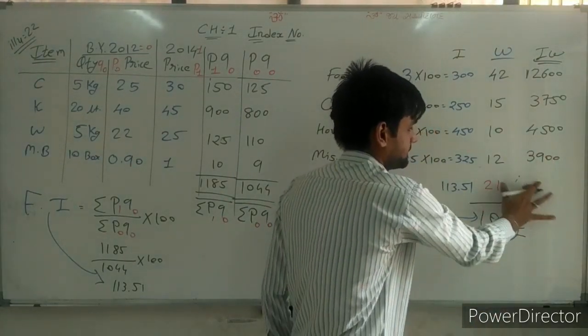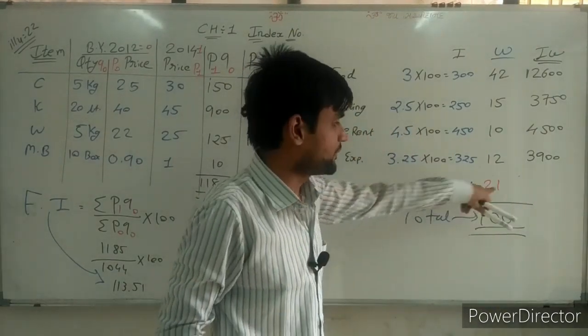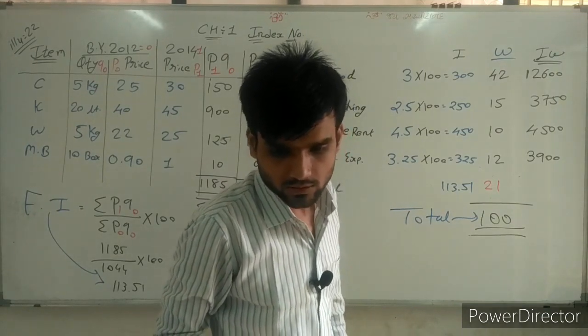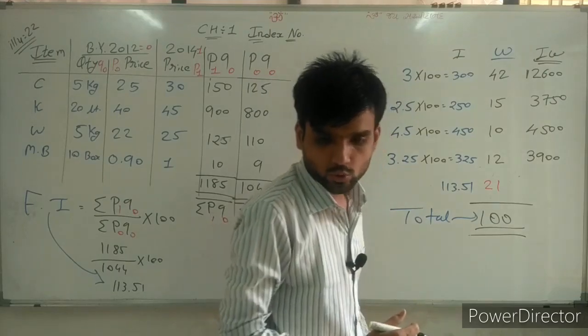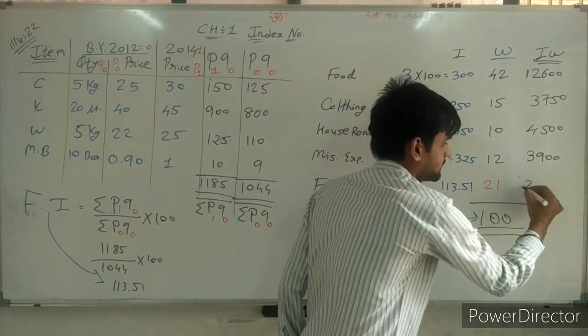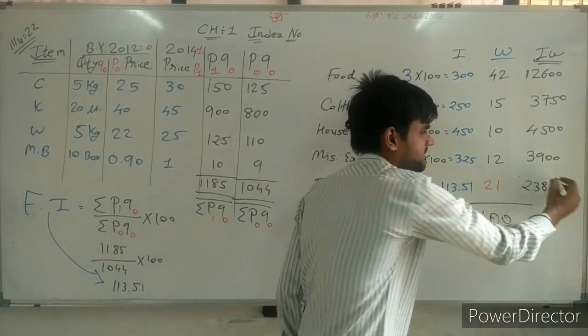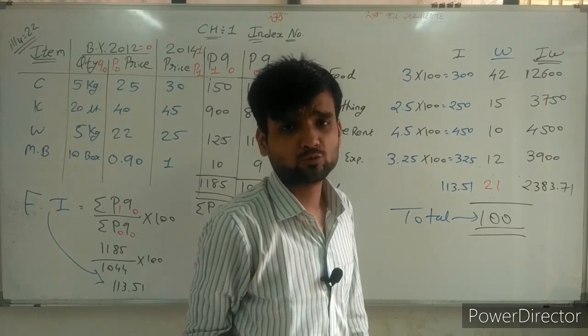And last, 113.51 into 21, we are getting 2,383.71 something. So it's the value of IW.